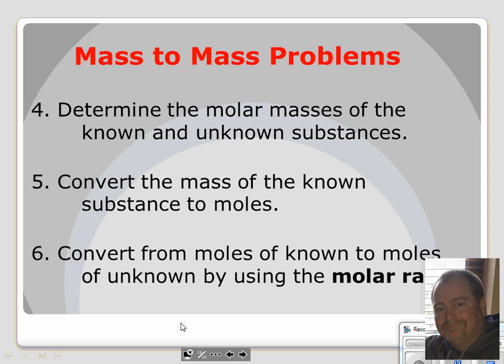That is what we just did on the entrance slip, going from moles of a known substance to moles of an unknown substance, using the molar ratio. Once again, just to review, where do we find the molar ratio? A balanced chemical equation is where the molar ratio comes from.